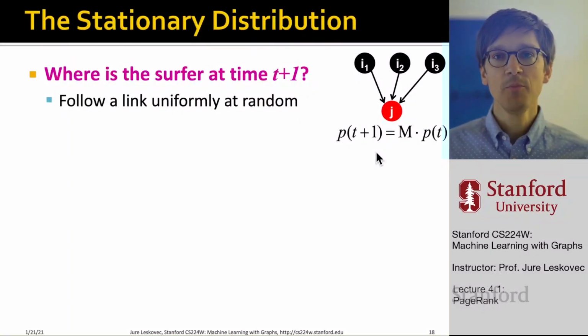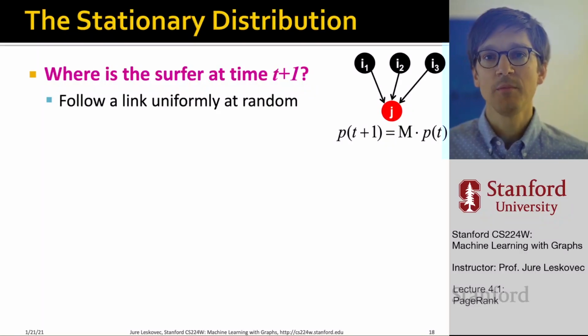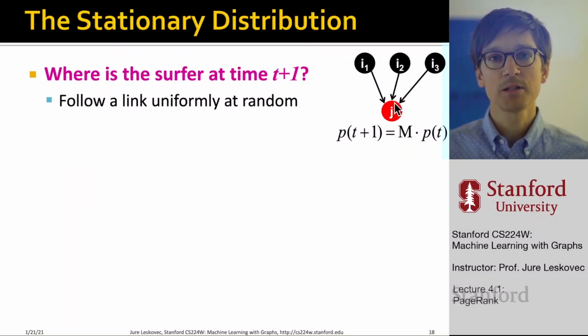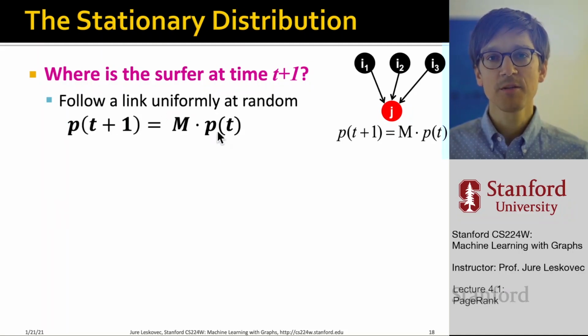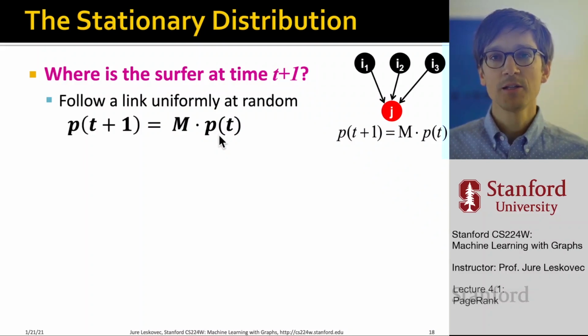So we want to compute where the surfer is at time t plus 1. And the way we know where the surfer is at time t plus 1 is the following. The surfer follows links uniformly at random. So wherever the surfer is at time t, the surfer will pick out links uniformly at random and navigate over them.